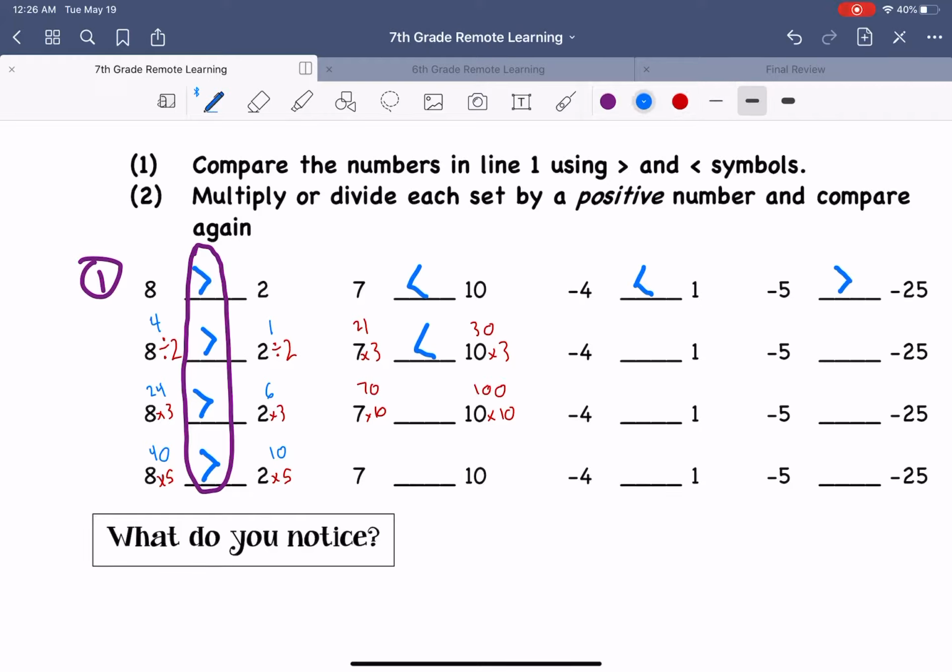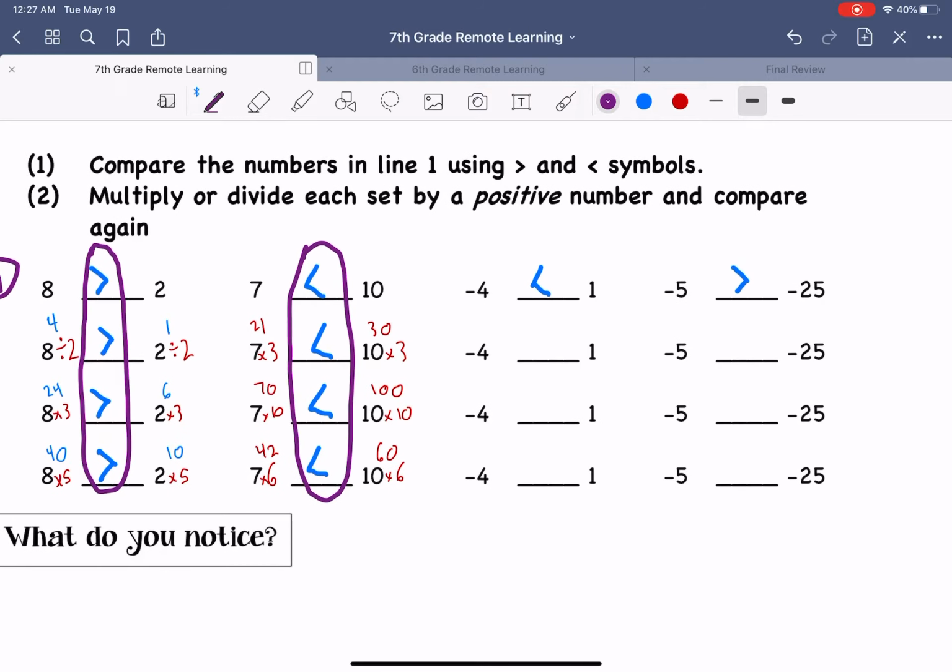Let's compare again. 70 is less than 100. Let's multiply by 6. So we've got 42 and 60, and 42 is less than 60. And hey, look, all of these match.